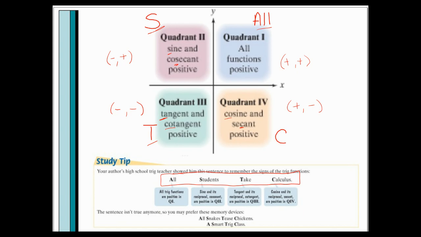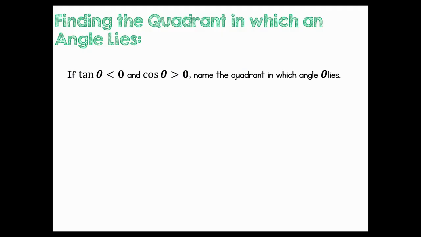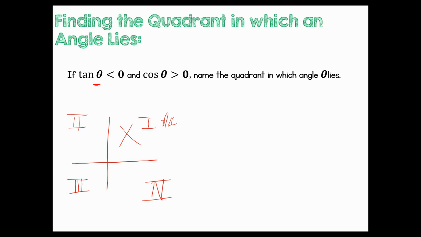Let's see how we can test out this knowledge, which is understanding where theta is going to lie in the quadrants based on certain information. So if tangent is less than 0, that means that the value of tangent is negative. So if we think of our four quadrants, 1, 2, 3, and 4. If tangent is negative, obviously that can't be our first quadrant, because that's where they are all positive.